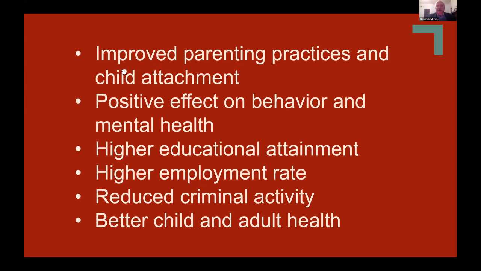But what we see is that improved parenting practices improve child attachment with the parent. And attachment and encouragement is really a key part of learning. It also had a positive effect on behavior and mental health. It had higher educational attainment, higher employment rate, reduced criminal activity, and better child and adult health.